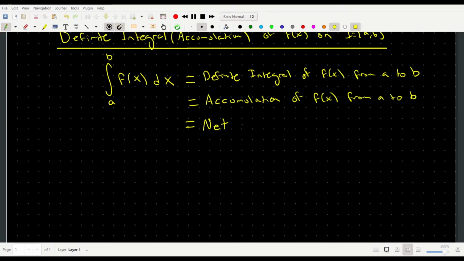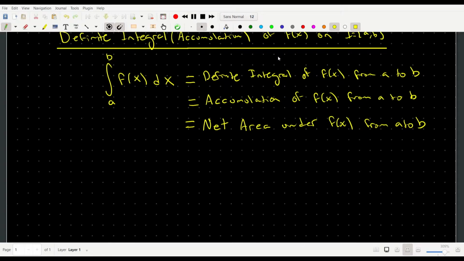So the net area under the curve f of x from A to B is really just the total amount of area where f is above the x-axis minus the total amount of area where the function f is below the x-axis.